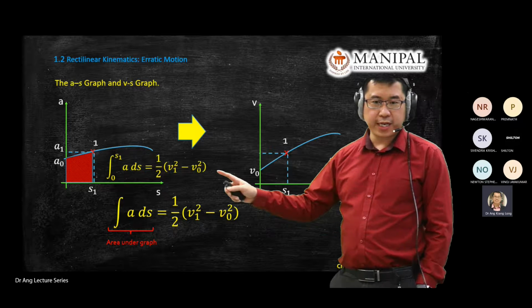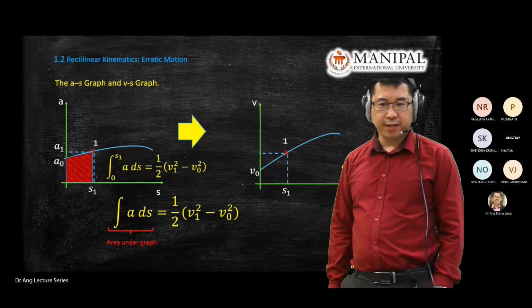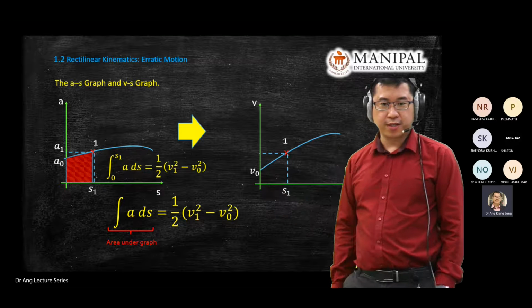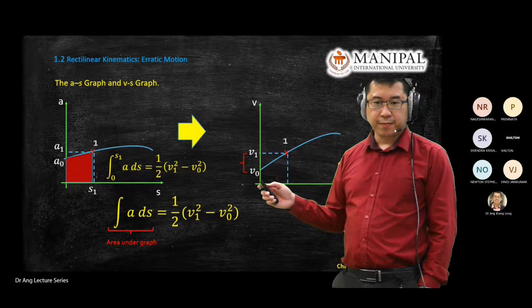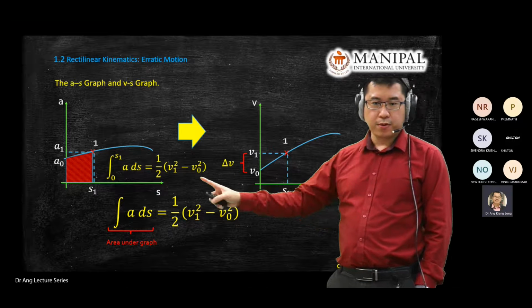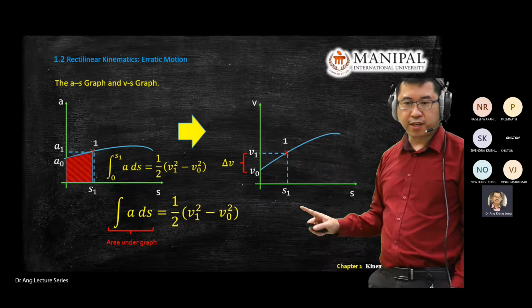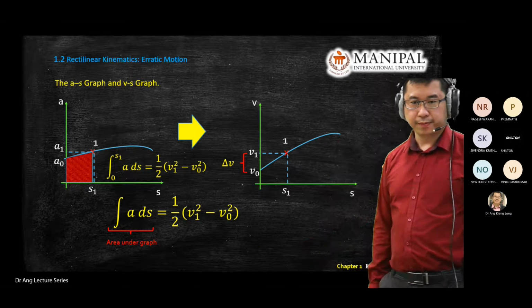Because normally you know what the initial velocity is. Normally you know what your initial velocity is. Okay. It's how you link the A versus S graph to the V versus S graph by using this equation.